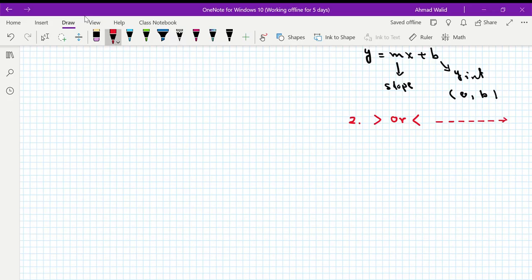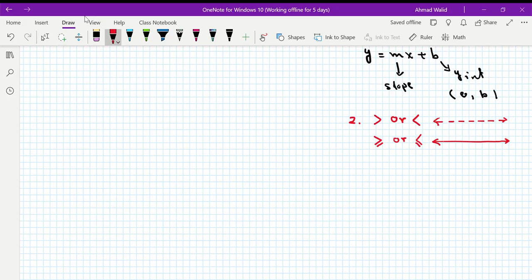Draw a dash line. If you have greater equal or less than equal, always graph your line with a solid line like this. Correct? These notes are important.